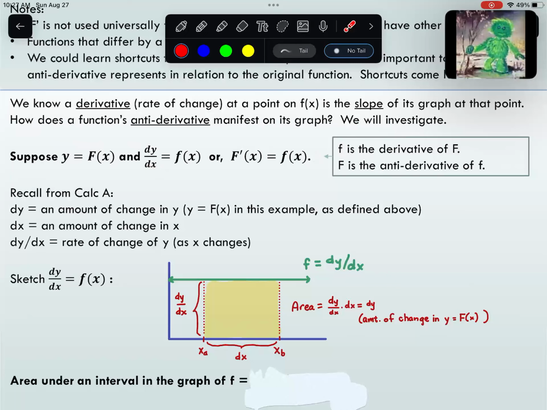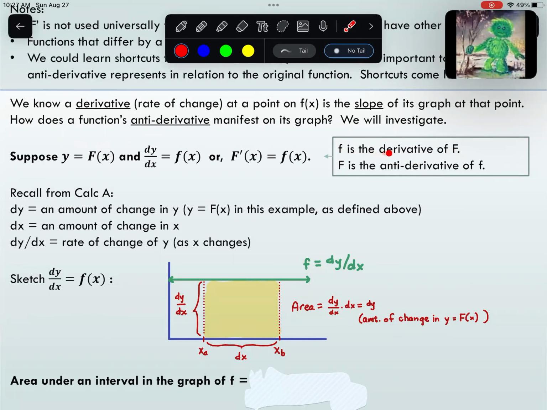Let's assume there is a capital F of x. You could even call it y equals capital F of x, such that the derivative is little f. So this fits right into the antiderivative as we defined it a couple slides ago. In fact, there's two different ways you could communicate this information in words.